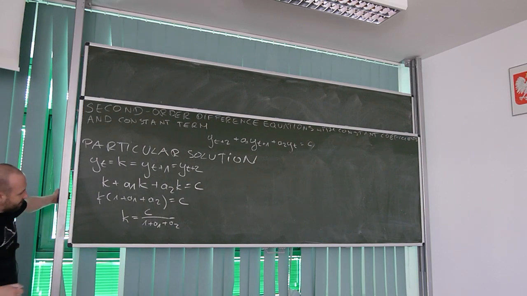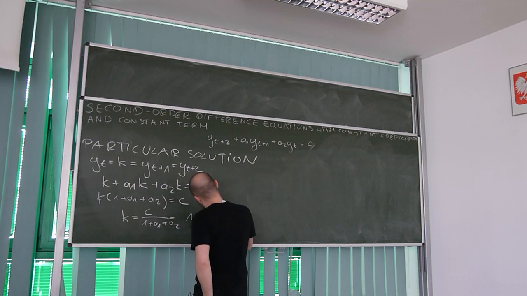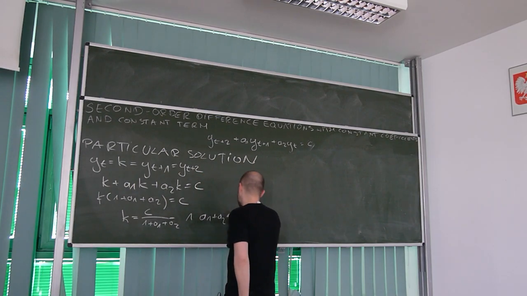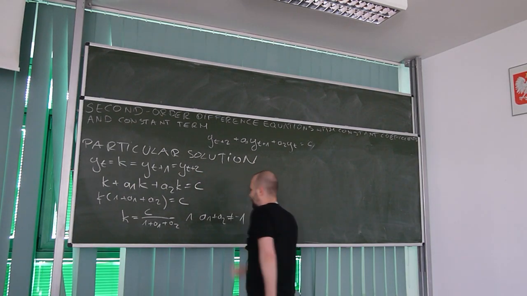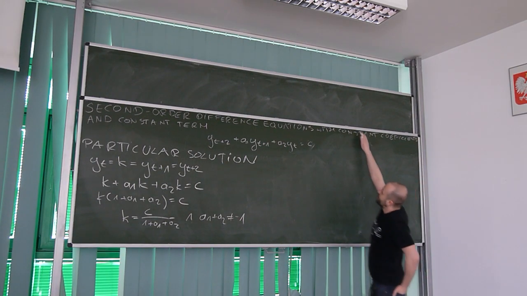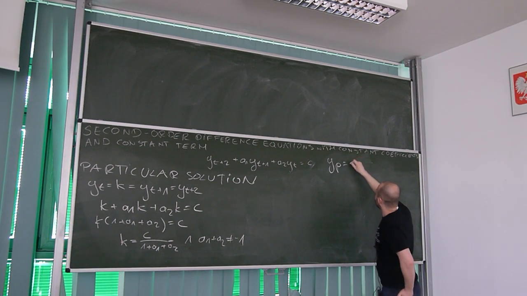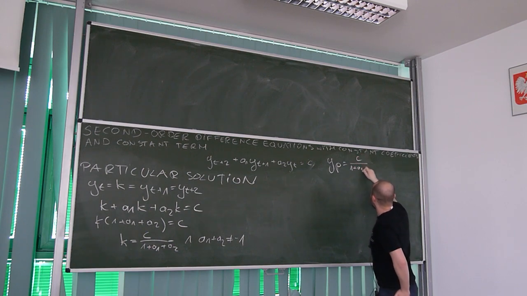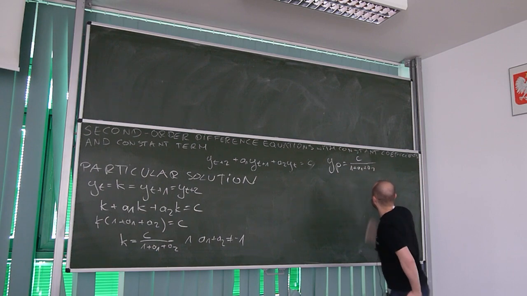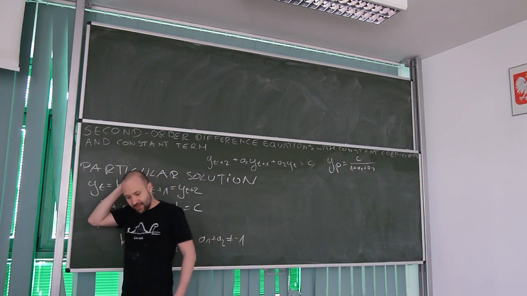And right away, we can impose a restriction that a1 + a2 must be different from -1, otherwise the solution collapses. So the particular solution is given by the constant c over 1 + a1 + a2, keeping in mind that the denominator must be different from 0.